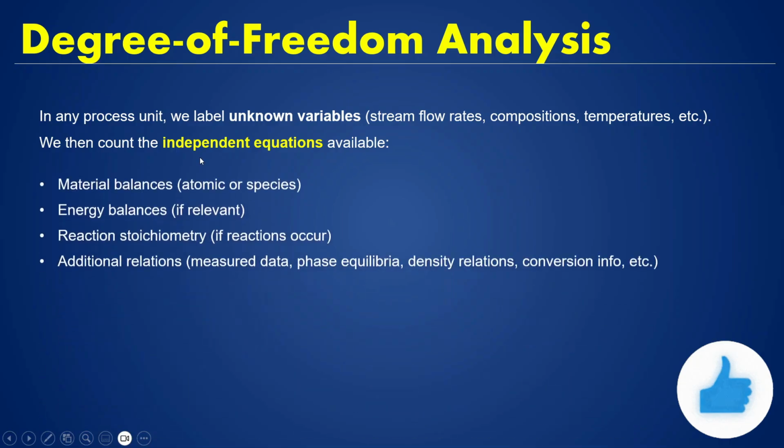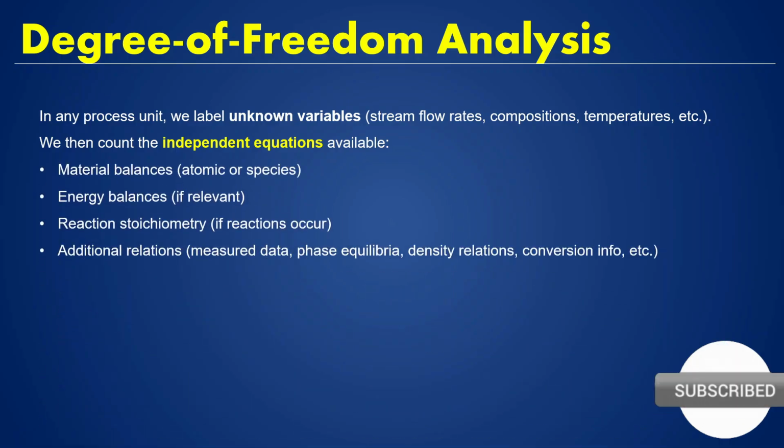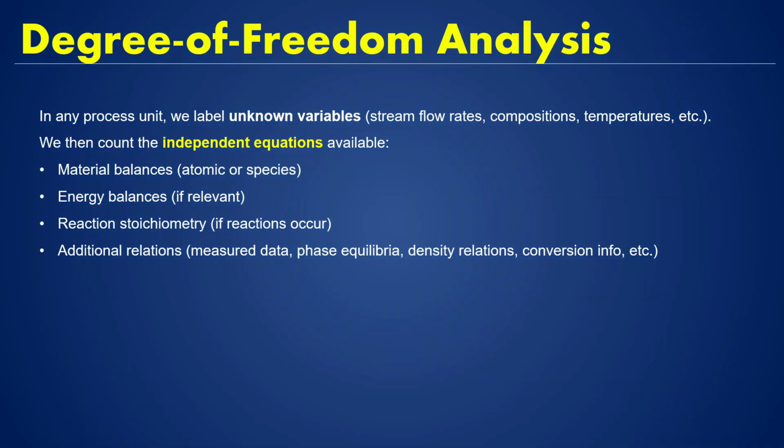These equations come through either material balance on atomic or molecular species, or through the energy balance or reaction stoichiometry if reactions are happening in the particular problem, or there could be additional relations like meter data, phase equilibria, density relations, conversion information, etc. So when you have the unknown variables and the total number of independent equations, then you can start the degree of freedom analysis, and it's very simple.